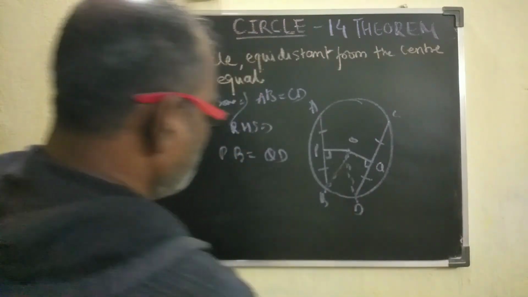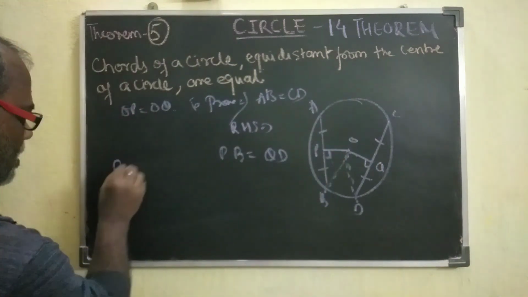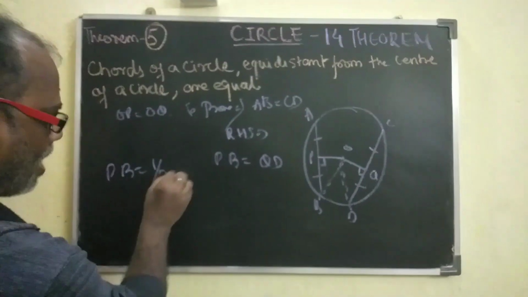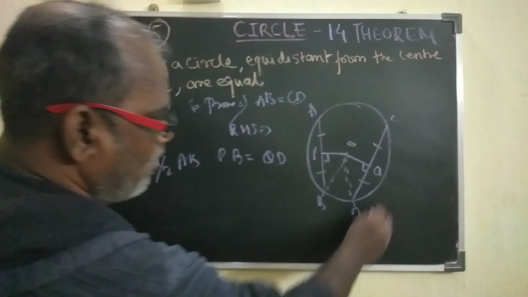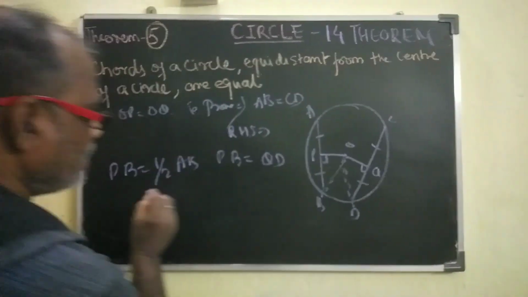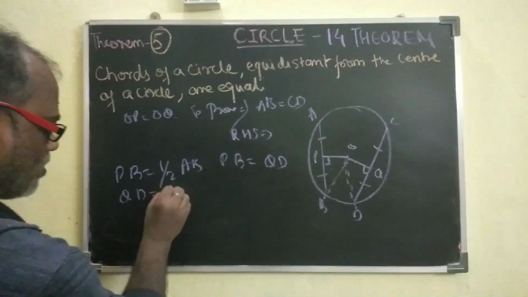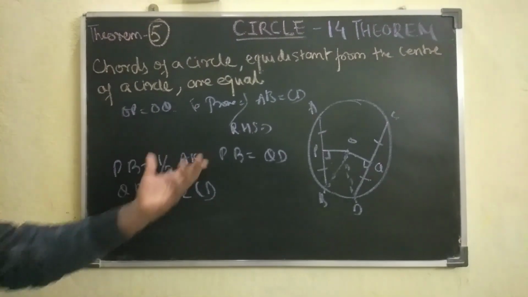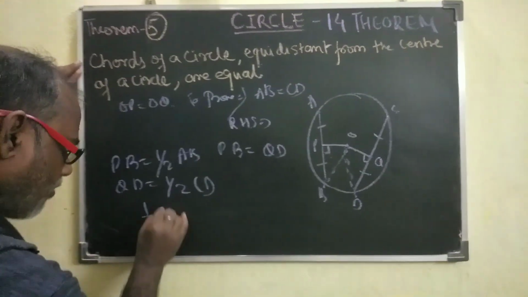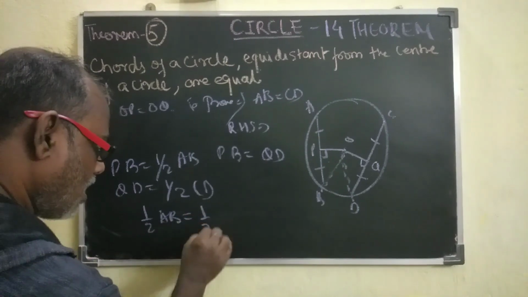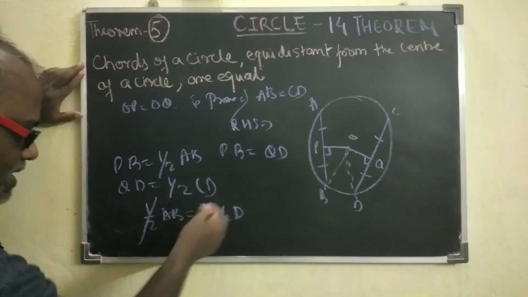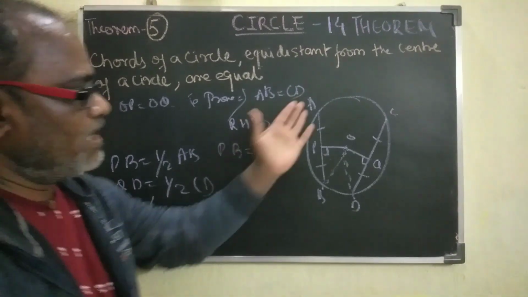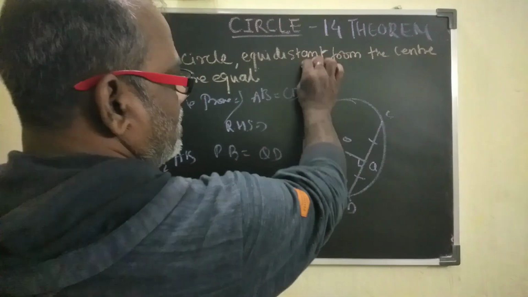So from here we can say that PB equals half of AB and also QD equals half of CD. So from these two we get half of AB equals half of CD. This gets cancelled off. AB equals CD, which is proved for this theorem.